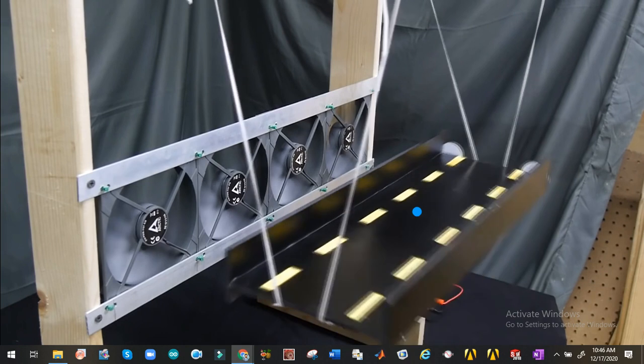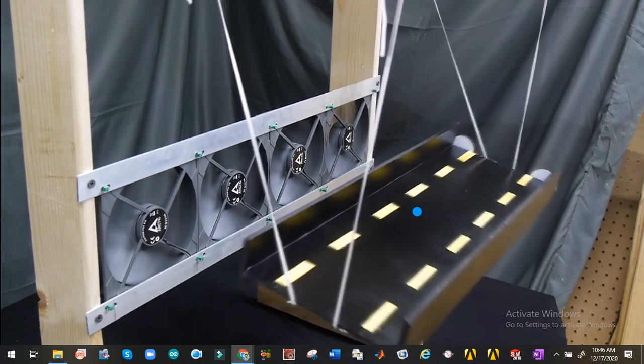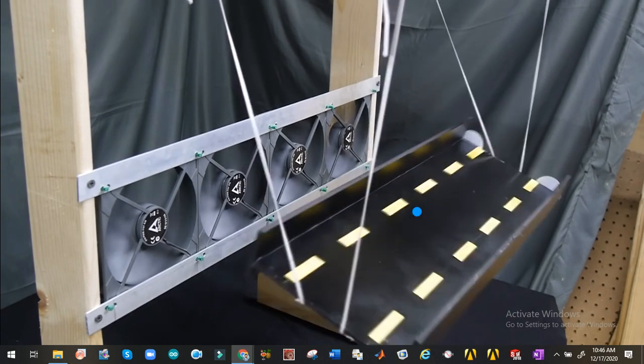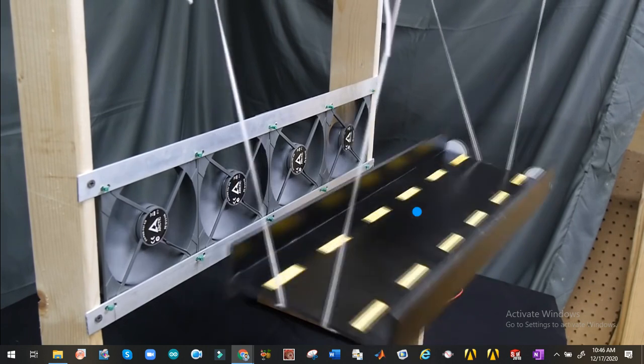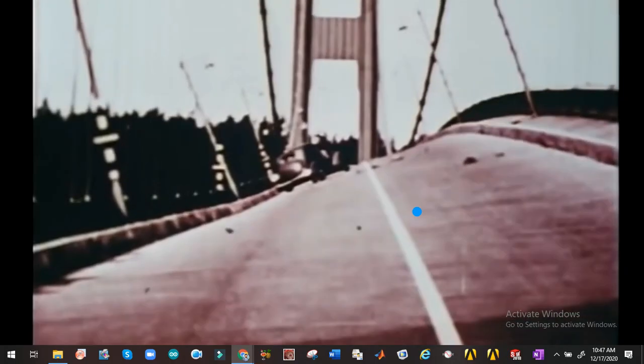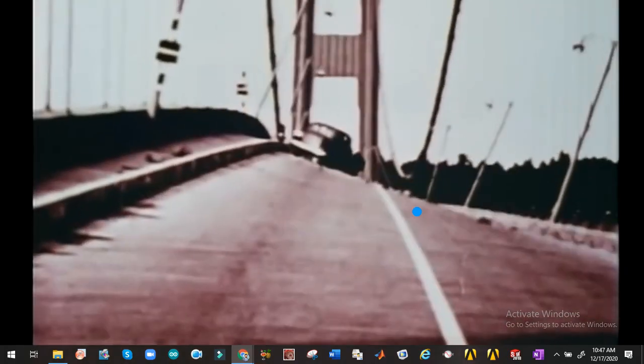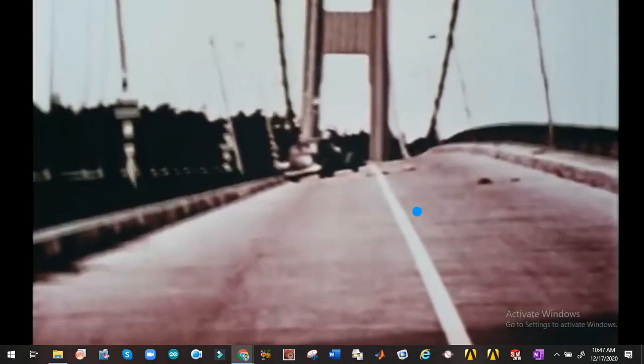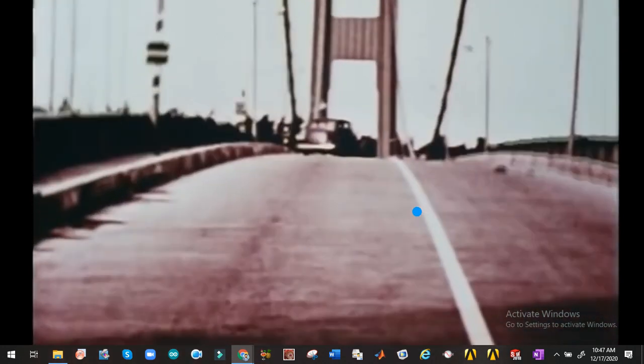The main lesson isn't necessarily that you should make sure to consider aeroelastic effects when you design a suspension bridge, even though you definitely always should, but I think more importantly, it's a reminder of how profoundly capable we are of making mistakes. When you push the envelope, you have to be vigilant because things that didn't matter before start to become important. Unanticipated challenges are a cost of innovation, and I think that's something we can all keep in mind. Thank you for watching, and let me know what you think.